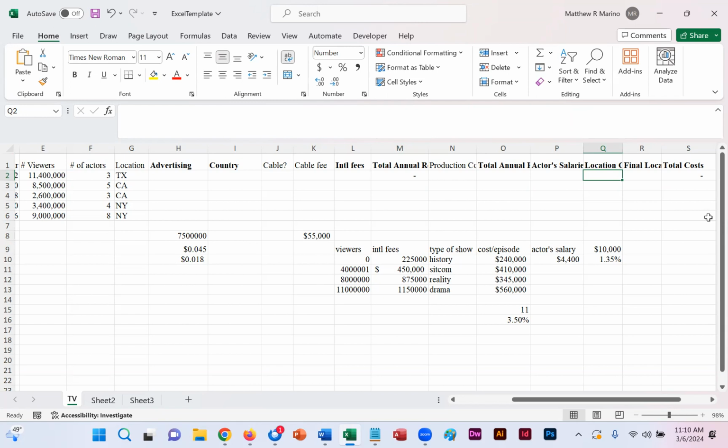So you have it: if location equals quote NY quote, comma, 1.35% times total annual revenue, comma 0, closed parentheses. Yep. And it's giving you a dash with the dollar sign.